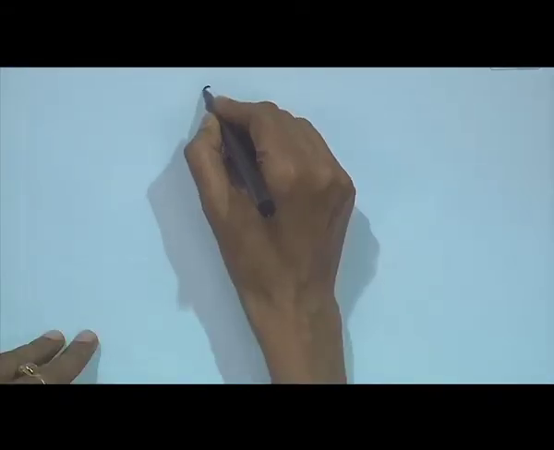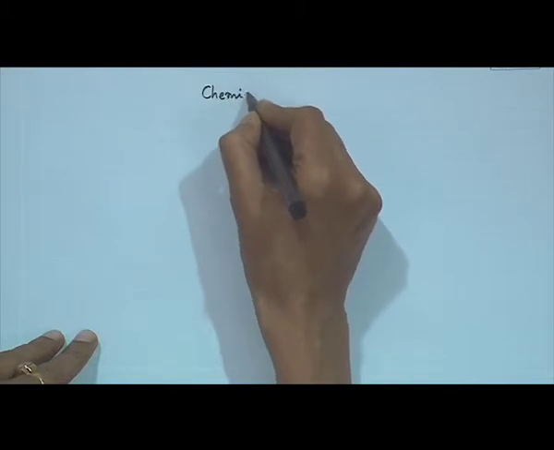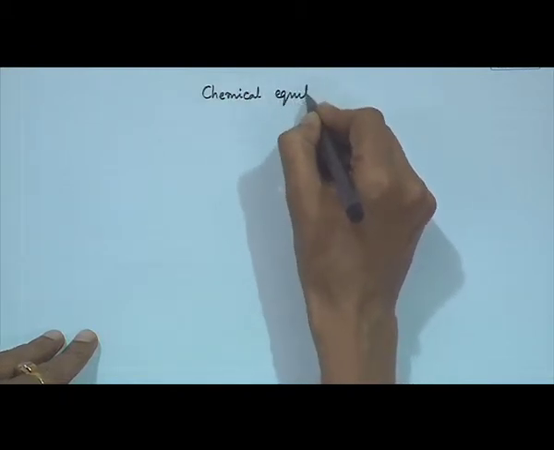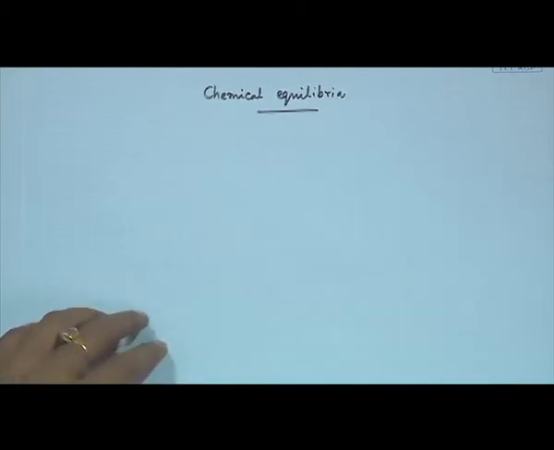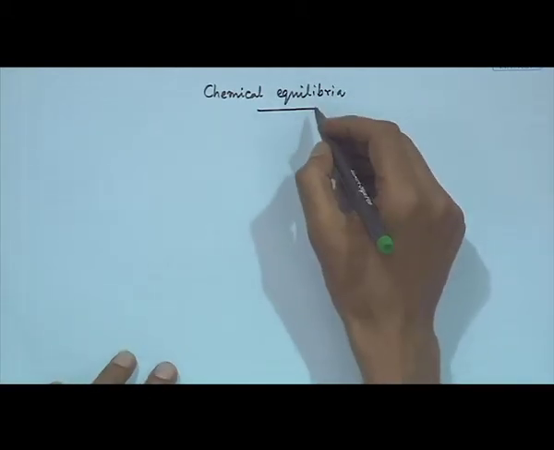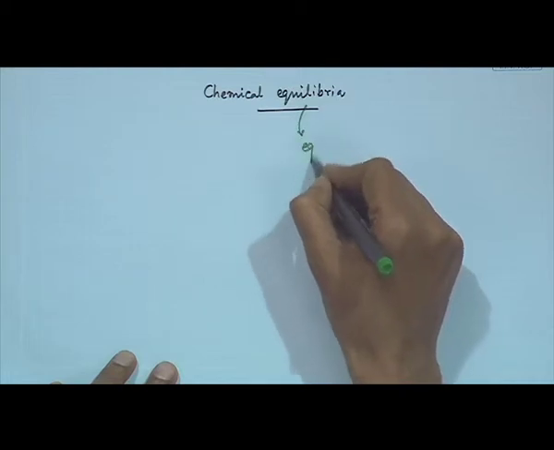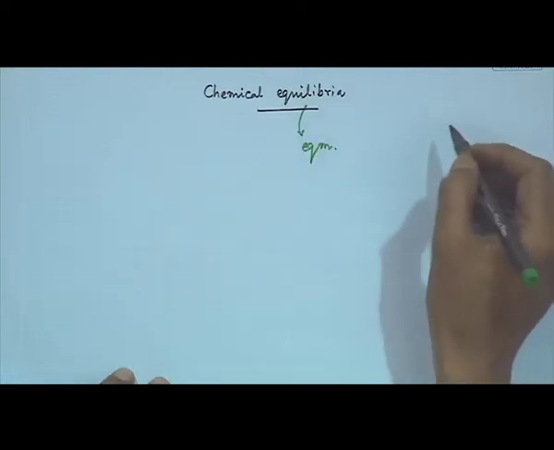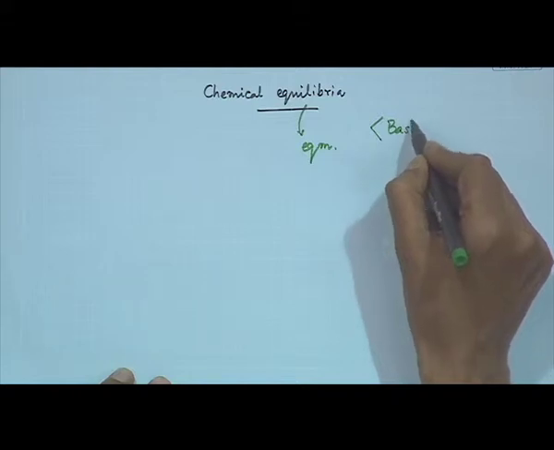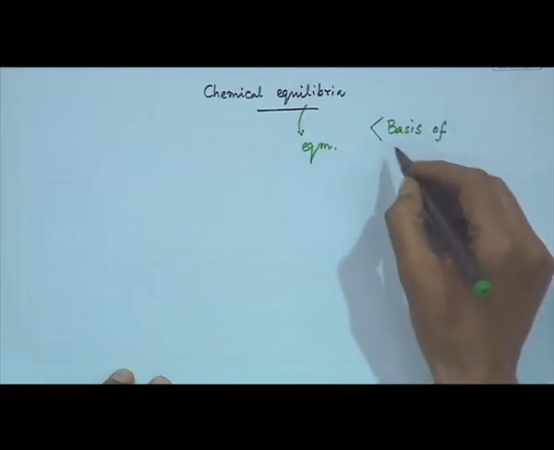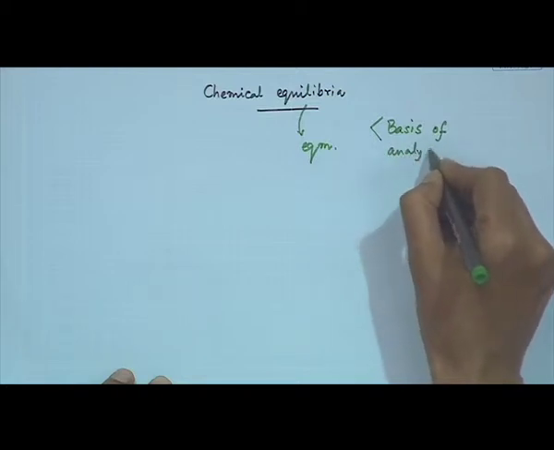Hello, good evening everybody. So, today we will start a new part of this particular course where we will be talking about chemical equilibria, which has something related to our equilibrium process, and this is fundamentally connected to chemical analysis.